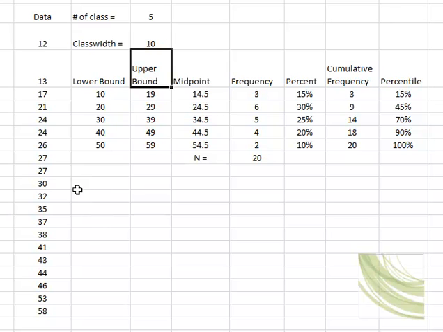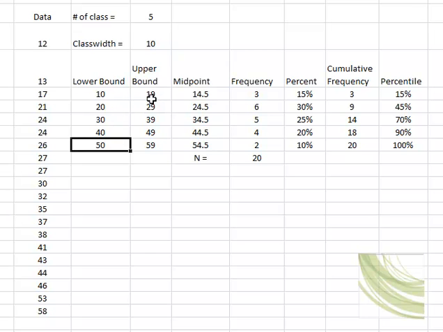So next we want to know the lower bound. Our minimum element is 12, so we can start from 10. So 10, then plus class width, you get the lower bound for the second class, 20, followed by 30, 40, 50. Now after we have the lower bound, then we can check the upper bound.